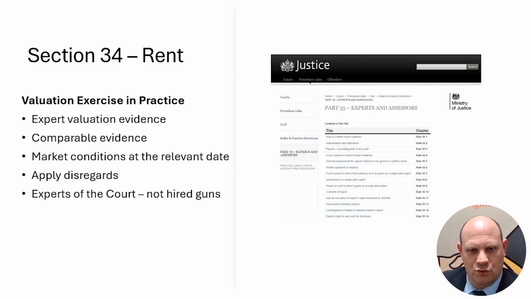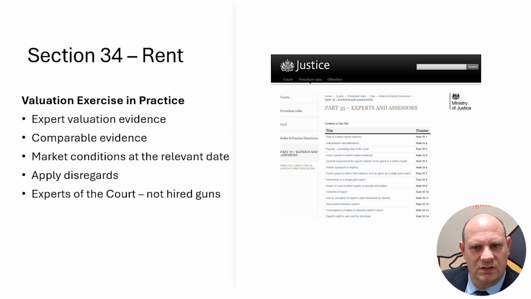Now, those experts' reports will typically include an analysis of the subject premises: size, location, condition, facilities, access, and so forth. Identification of comparable properties, for example, other lettings in the same area or similar areas that provide evidence of market rent levels, and adjustments to those comparables to reflect the differences between them and the subject premises.